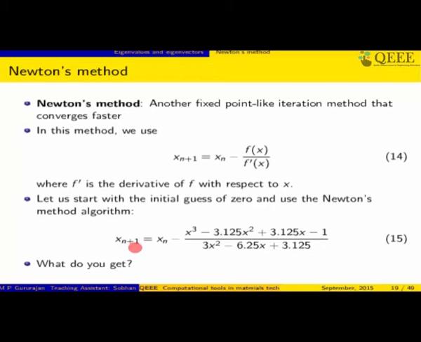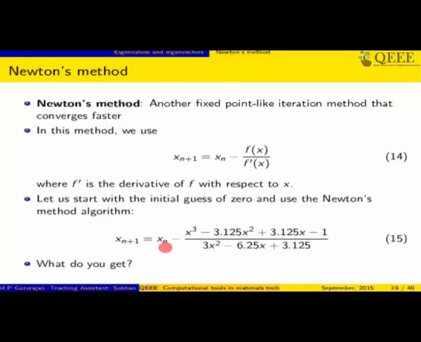We want to say x_{n+1} is equal to x_n minus x_n cube minus 3.125 x_n squared plus 3.125 x_n minus 1, because that is the polynomial for which we are trying to find the zeros. And if you differentiate it with respect to x, you will get 3x squared minus 2 into 3.125x plus 3.125, 1 goes away. So this is the function which we want to iterate.